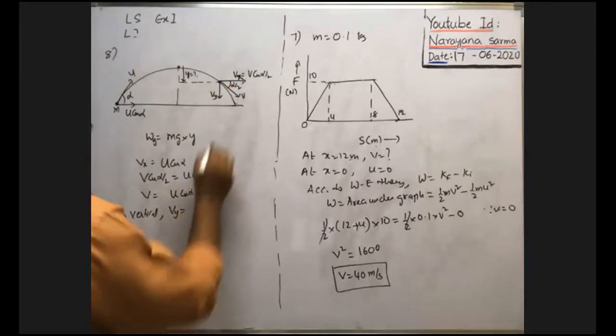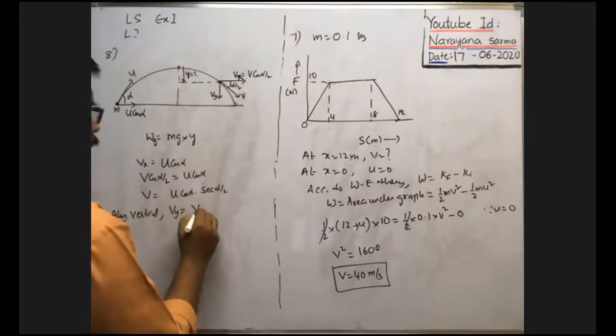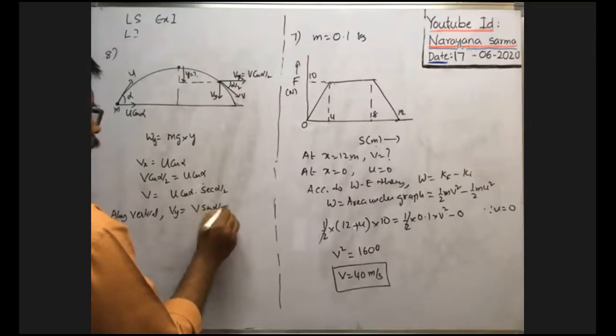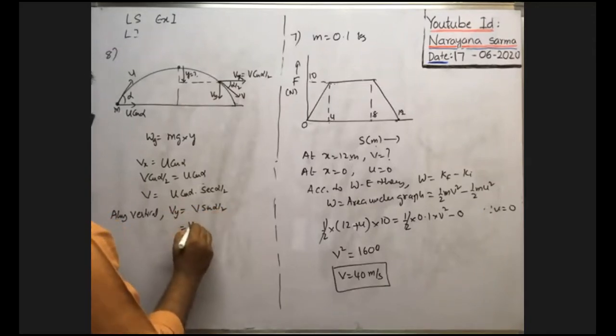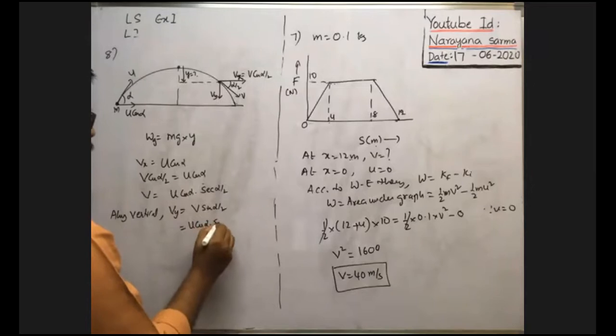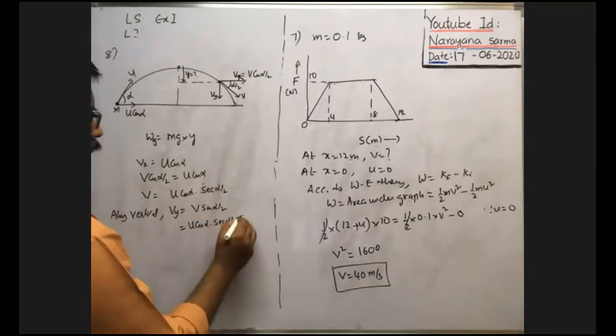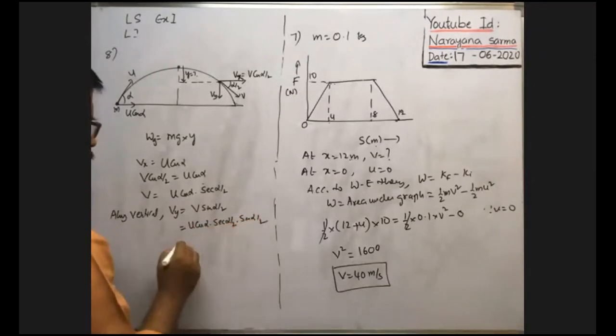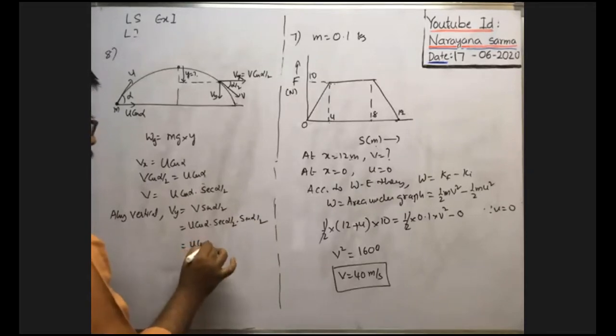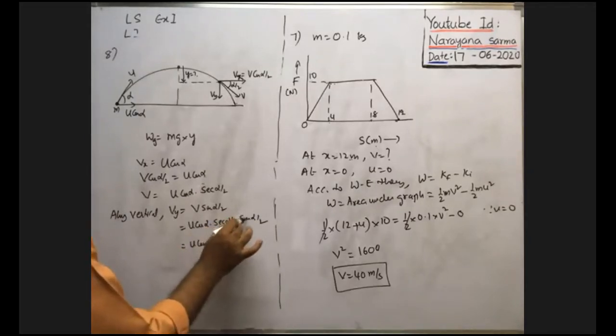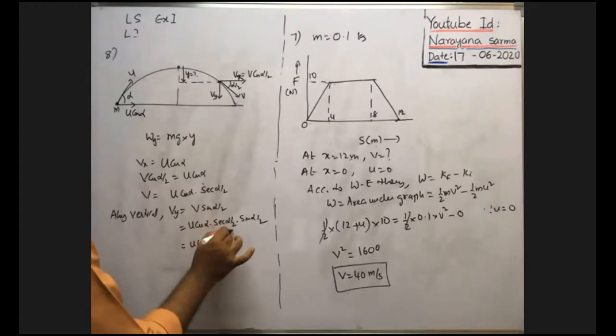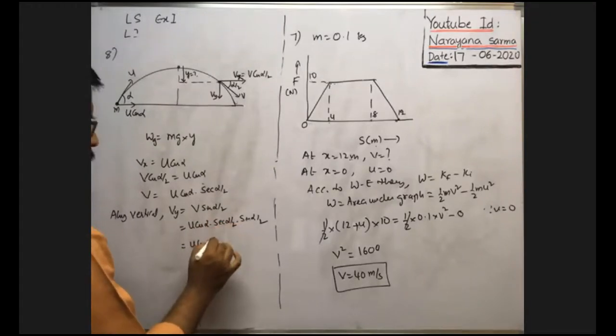Vy is equal to v sine alpha by 2, no? This is equal to u cos alpha into secant alpha by 2 into sine alpha by 2. Therefore, u cos alpha into sine alpha by 2 by cos alpha by 2, which means tan alpha by 2.